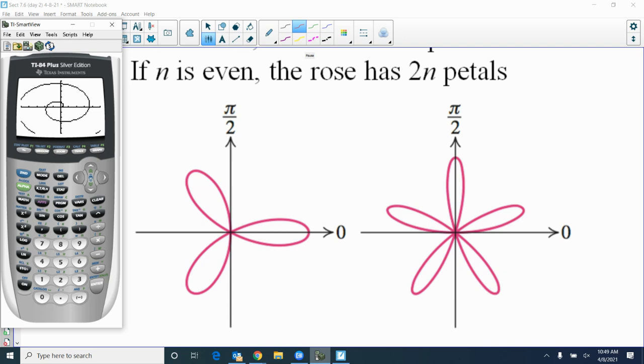To help me see it better, instead of 0.01, I can make that smaller. I'm going to go 0.005 theta. With my window 0 to 720, you can see it'll do 2 full cycles. It's just going to keep getting wider and wider. If I want another cycle, I can go 1,020 or 1,080.